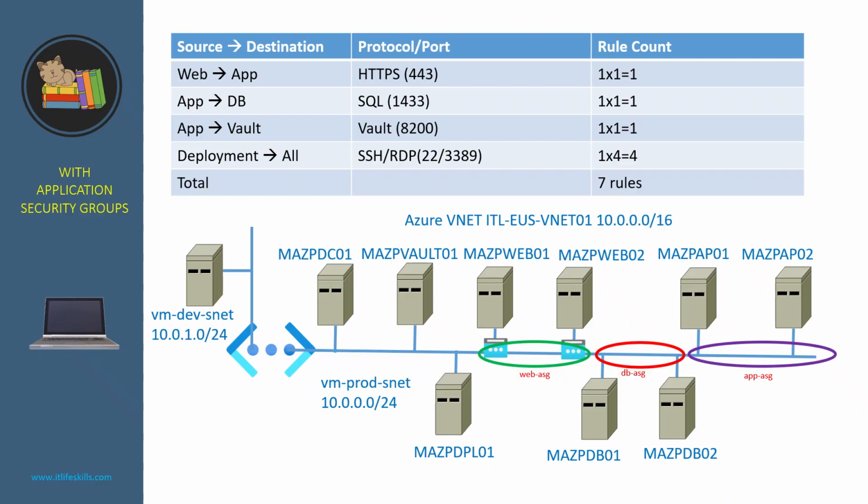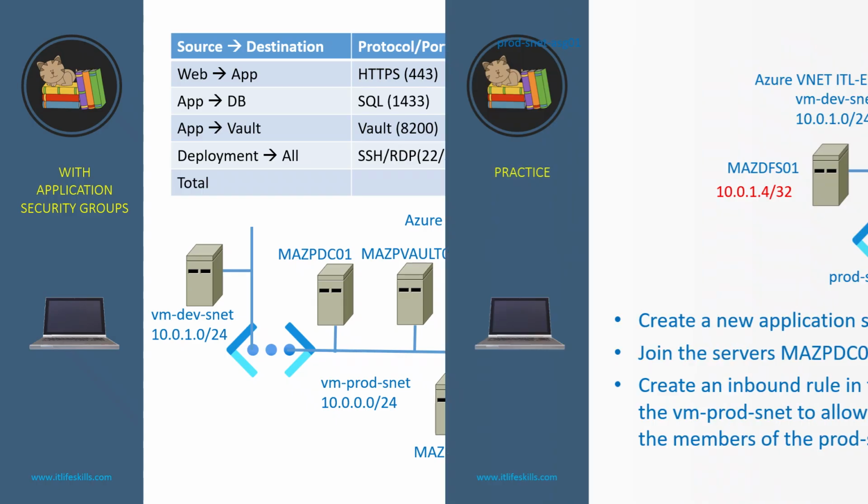Which means we need to create 7 inbound rules in total to complete the requirements, and the number of rules stays the same as we add more servers to the applications.